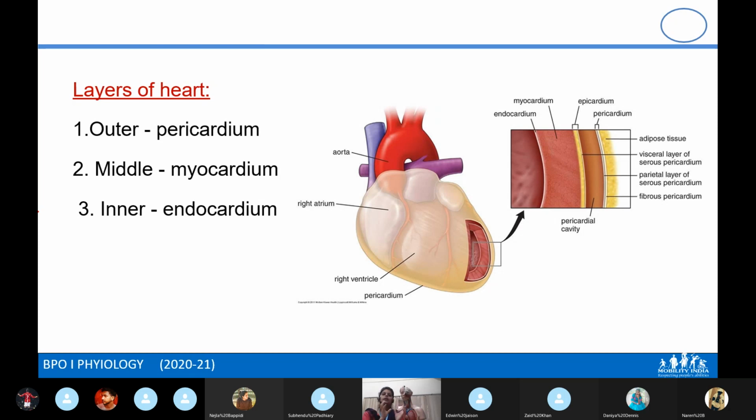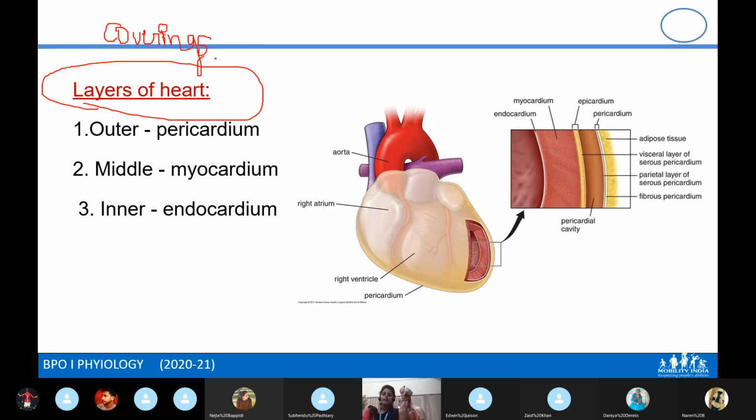Then what the functions of the walls are, that point you will add. Then you will also write about the layers of heart, meaning coverings of the heart.